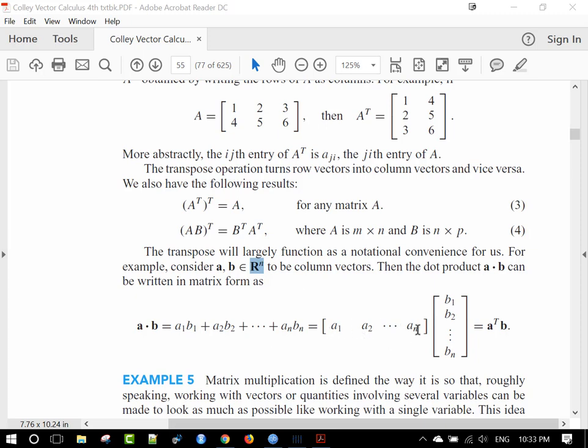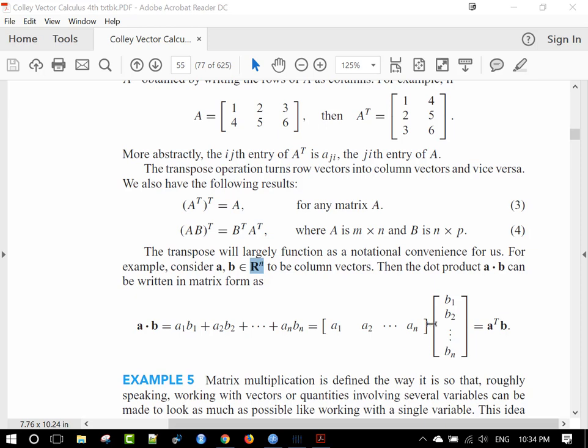This is a 1 by n matrix, 1 row by n columns. And this is n rows by 1 column. So it's a 1 by n and an n by 1. So we're allowed to do it.